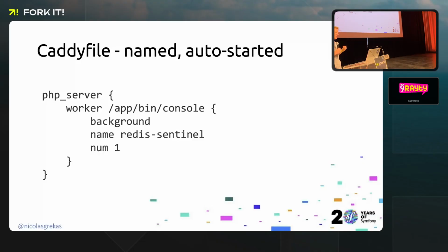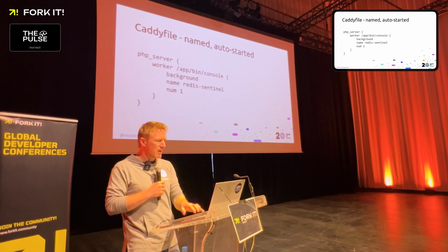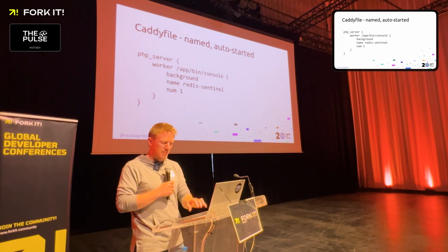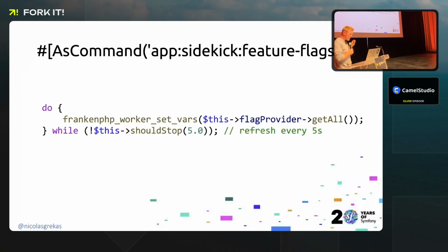I can name background stuff, and this one is named Redis Sentinel. Redis Sentinel is going to be given to the command so that the command knows which background worker we want it to run. Num1 is like one at the same time, I'm going to skip that. This is a poor man's version of a feature flag provider. It would be a long-running command that polls some feature flag server.